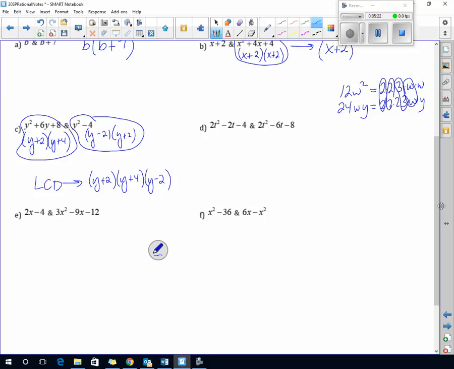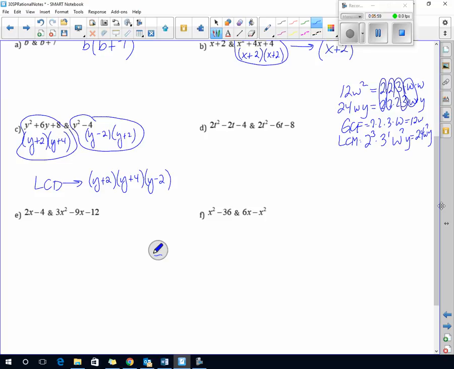The LCM, or we're talking about LCD, it doesn't really matter, is the highest power of each of the factors. So it would be 2 to the power 3, because there's 3 2's there, 3 to the power 1, w to the power 2, and a y. So that ends up being 8 times 3 is 24w squared y. So for instance, you'd have to multiply the top one by 2y and the bottom by just a w.